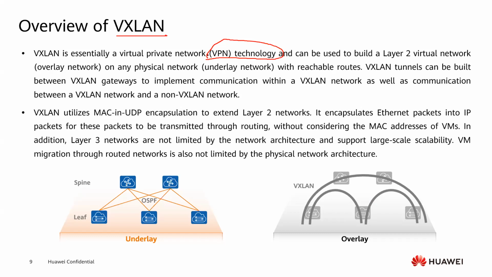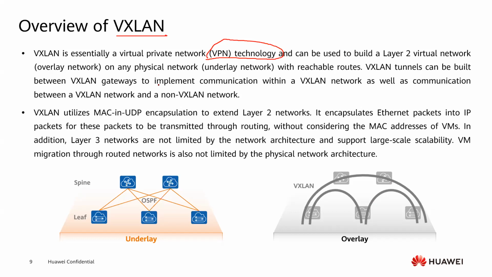But another thing that is more important is that we have an underlay layer. The underlay can be distributed in different data centers. It doesn't matter where the underlay is located. We just need to make sure the underlay devices can communicate with each other by layer 3, and then they can build a logical overlay network.